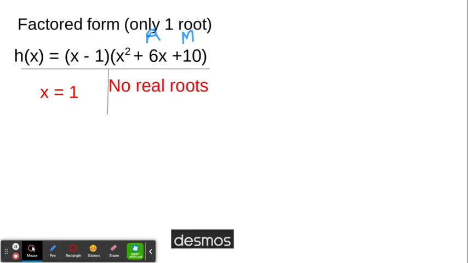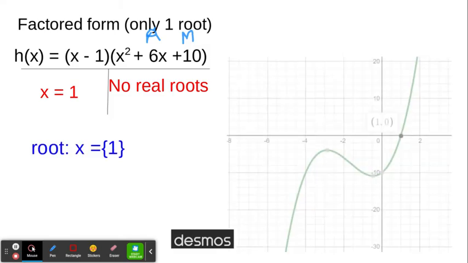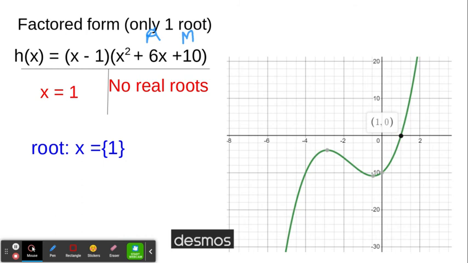So what will this function look like? Well, we only have one root, so what might have happened? Well, when I type this into Desmos, you can see this guy tried to get up to the x-axis, but just didn't make it.